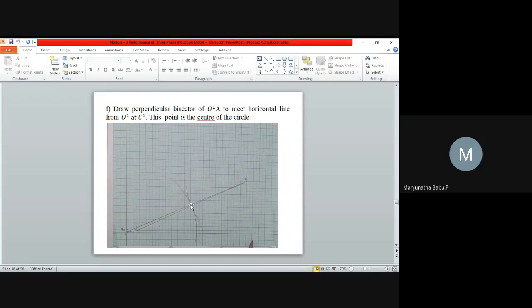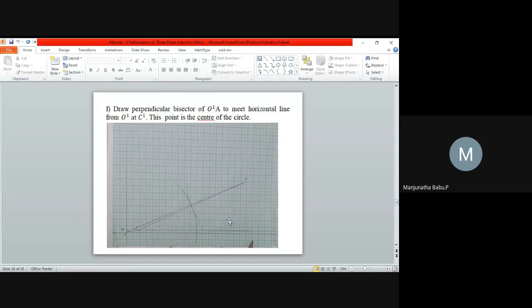Once you get this bisector point, from here exactly at 90 degrees, extend this line until it touches the horizontal line above the x-axis. Mark that point as C dash. That is the center point for the circle.